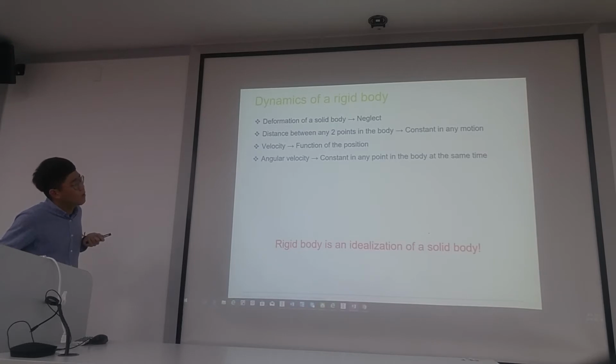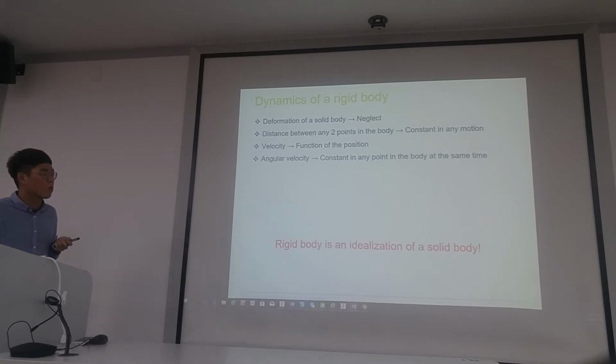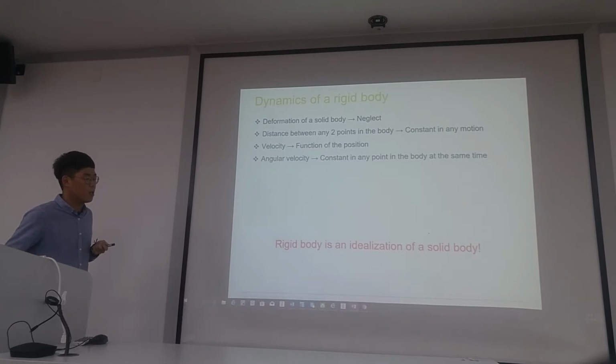Also, the velocity of each point is a function of the position. However, the angular velocity is the same at any point in the body at the same time. So I think a rigid body is an idealization of a solid body, and it is a very good assumption.